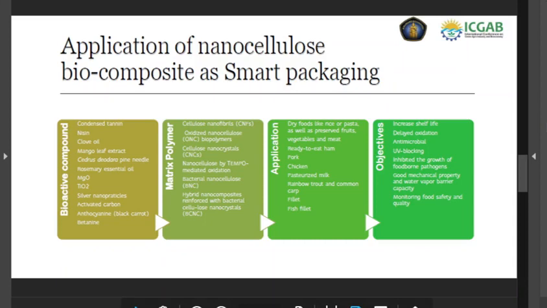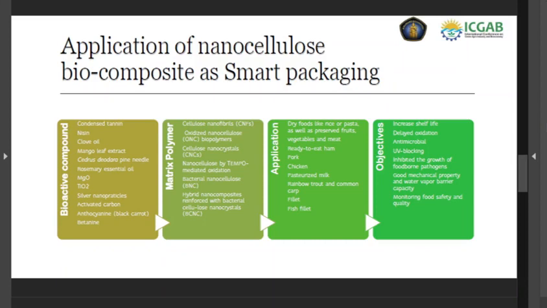We can see the application of smart packaging from biocomposite nanocellulose. The first is for dry food like rice or pasta, preserved fruit, vegetable and meat, ready to eat ham, pork, chicken, pasteurized milk, rainbow trout and common carp, and fish fillet.